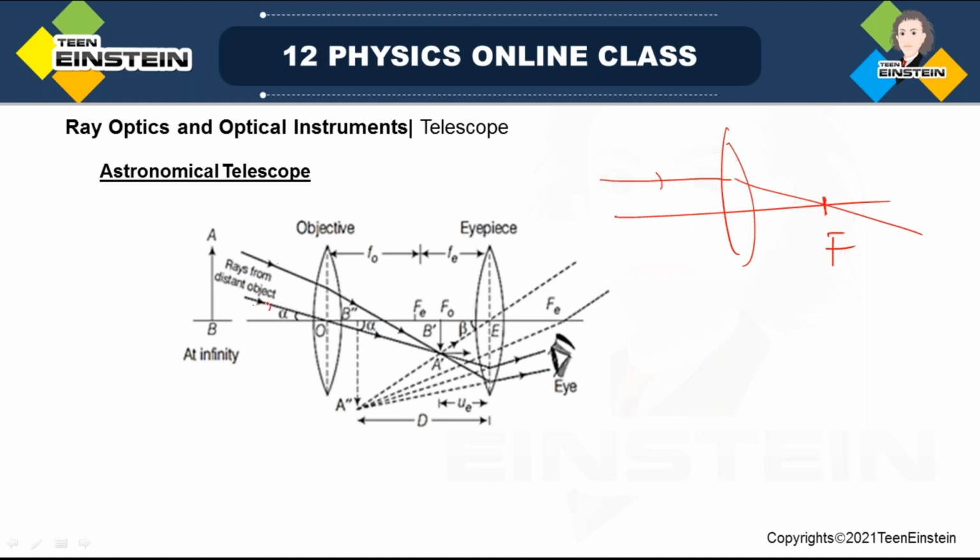But if these rays are making an angle with the principal axis, but the rays are themselves parallel, making an angle alpha with the principal axis of the objective lens, then they will not meet at the focus, but they will meet at the focal plane.